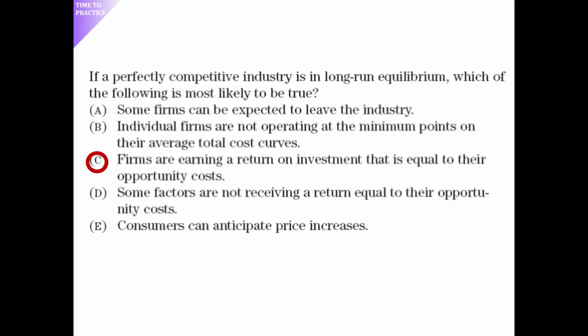Not a real big fan of the way that it's phrased, but I think if you go for A, B, D, and E, consumers can anticipate, there's nothing there. Some factors are not returning, well, they are at zero economic profit. Some firms could expect, you only leave the industry if you were losing money. So maybe if you knock them all out, you get there.